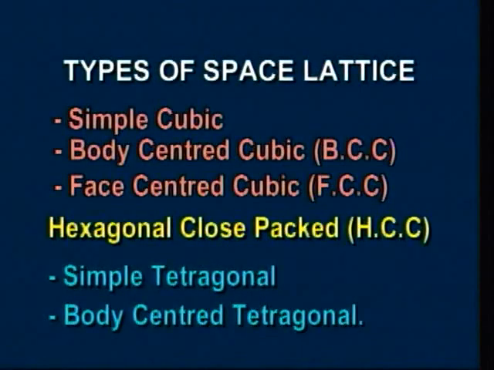There are 14 types of space lattices. Let us see those types. One is simple cubic, second one is body centered cubic, denoted as BCC, and third one is face centered cubic, that is FCC, and another is hexagonal close packed lattice, and another one is simple tetragonal, and next one is body centered tetragonal lattice.